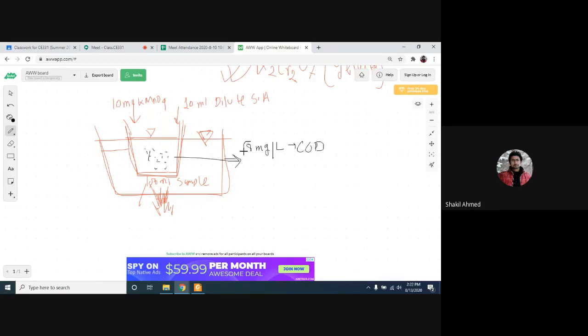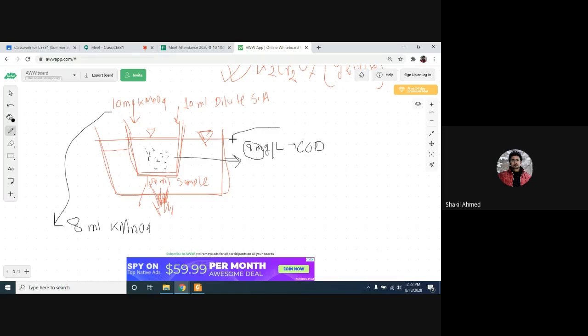To balance 8 milligram per liter of COD, you needed, for example, 8 ml of KMnO4. Let's call it equivalent for now.